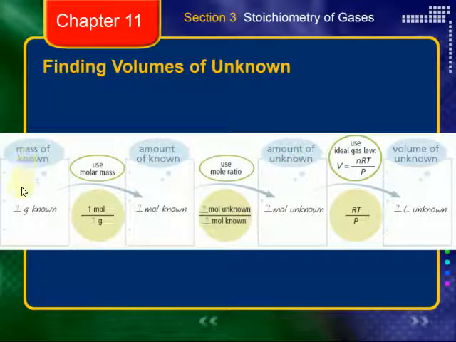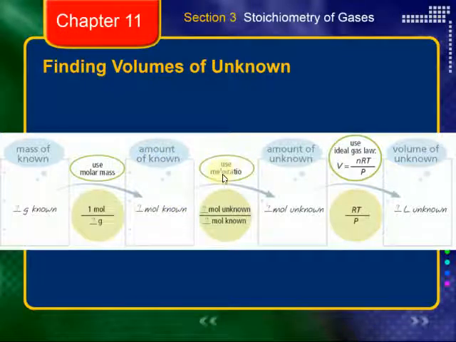I could give you the mass of an unknown, in grams, and you're going to have to convert that into moles. Why? Because the only way that you can change what substance you're talking about is through moles. We're talking about the known here, and we want to get to the unknown, because that's what the question is going to ask you about. So you give them the mass of the known, use the molar mass as a conversion factor to convert into moles of the known.